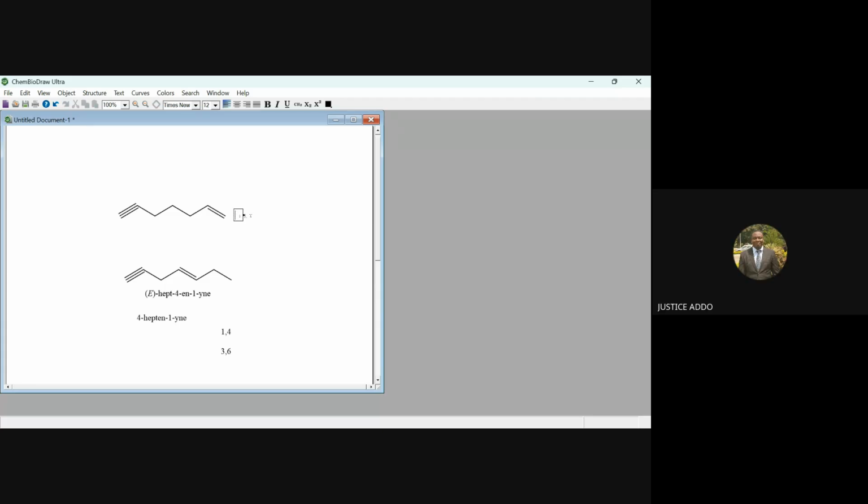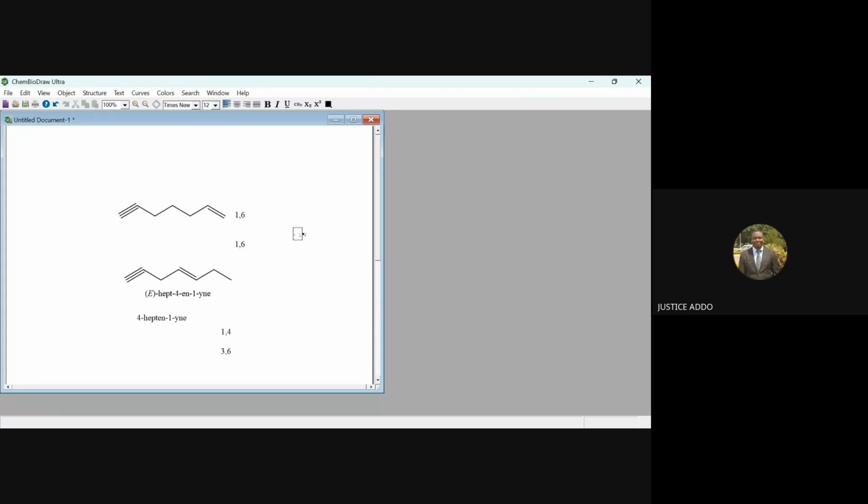Let's come to the first one. When you go from left to right, the triple bond is 1, isn't it? Yes. And then the double bond will be what? 6. Then start from right. The double bond will be what? 1. The triple bond will be what? 6.